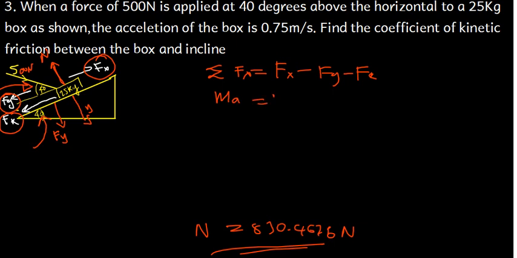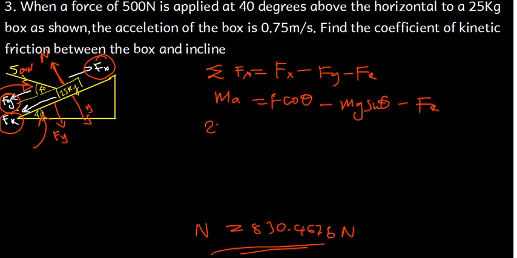The applied force in the x is given by force cos theta. That is because if we check on the diagram, the applied force in the x is going in this manner, so to this angle it is adjacent. I don't know if we can be able to see that. And then minus our Fg, which is given by mg sine theta, and then our Fk.